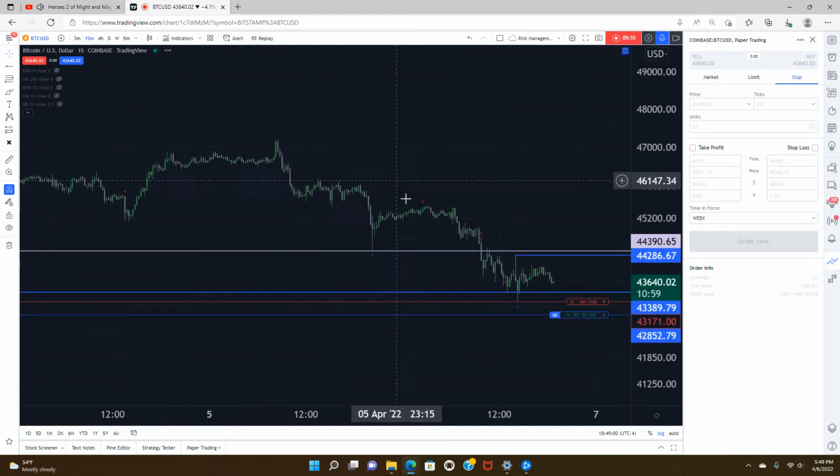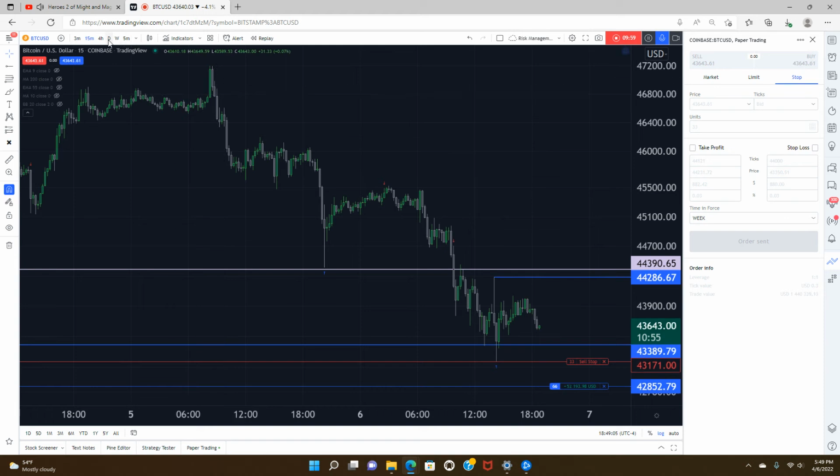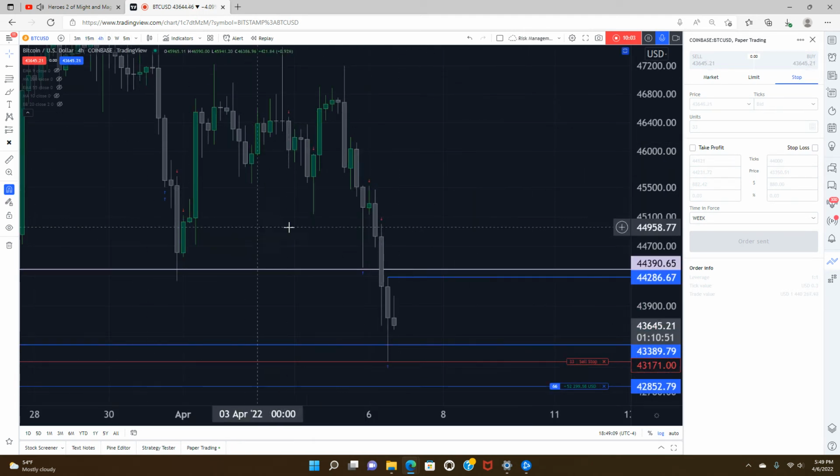But even if you are expecting a retracement to 40,000, just going off the impulsive nature of this move, the most likely scenario might actually be a relief bounce up into these levels, whether you're bullish or bearish.